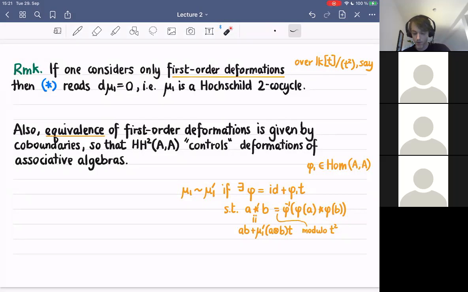So you use phi on A, and then you use the one multiplication, and then you undo phi by using phi inverse. And if you then get the other multiplication, then you say they are equivalent.